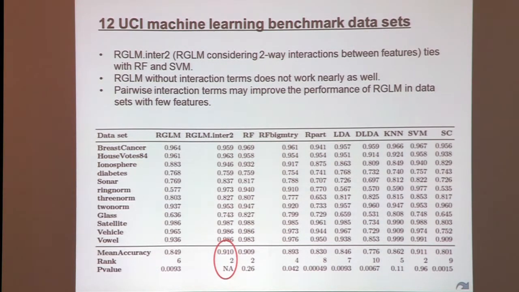It turns out, when you compare these different methods, the random GLM predictor performs as good as other methods as long as you make one crucial modification, which is you need to allow for interaction terms. Why is that?